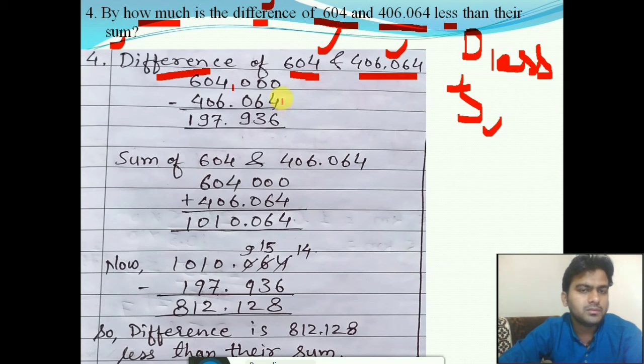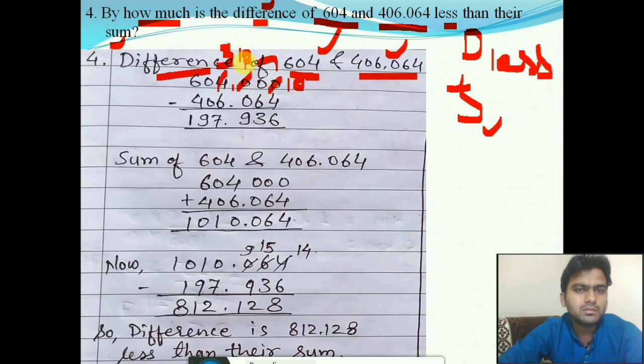Now 4 cannot be subtracted from 0, so we will borrow 1 from the number next to 0, that is also 0. So what do we have to do? We have to borrow from its next number, but this number also has a 0. So we will move to the next number, and this number will become 3 and this number will become 10.